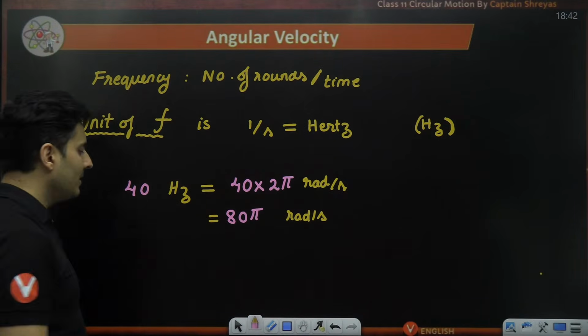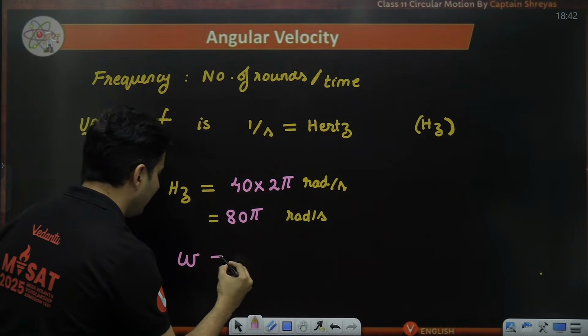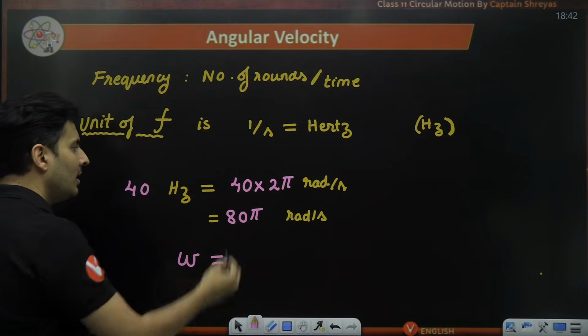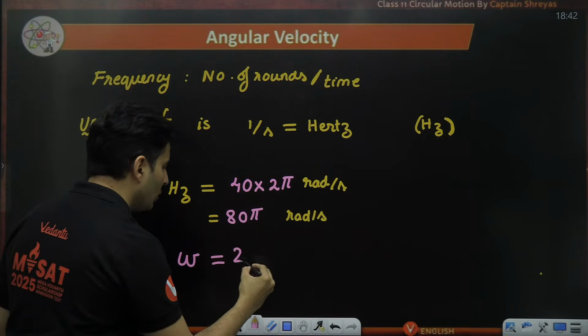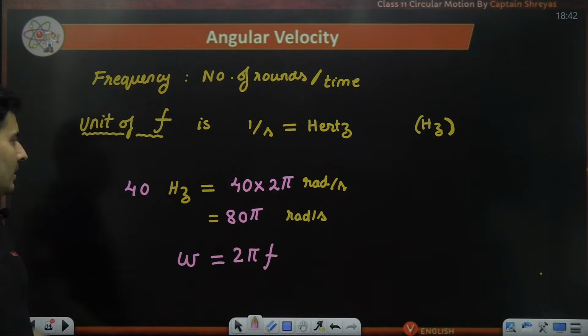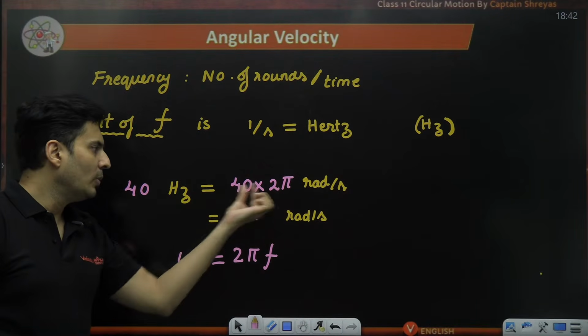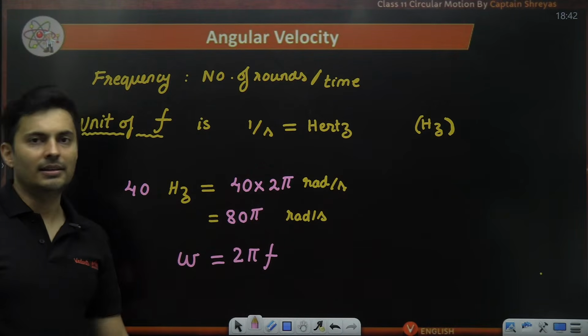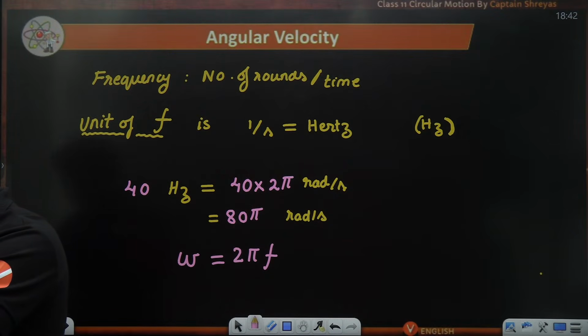So very simple, guys. What is the final relationship? If you want to find omega, take your frequency and multiply it by 2 pi. So 2 pi multiplied by f. That is the answer. Can you see? Omega, which is 80 pi, will be 2 pi into f. F is in hertz. Very simple and straightforward. Great.